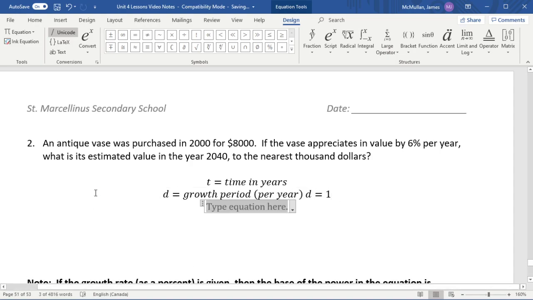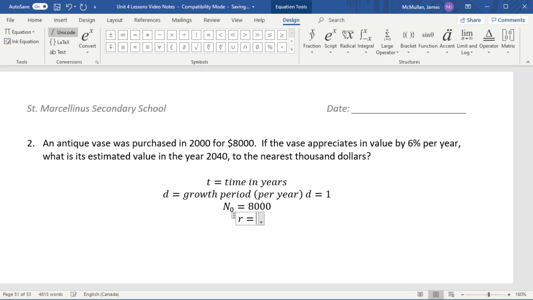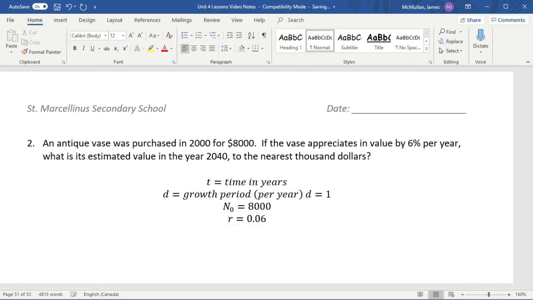We don't really need to worry about d because it's measured in the same unit that t is measured in. And N0 is the initial value of the vase, which was $8,000. And the rate is 0.06 because 6% is 0.06. t is time in years since 2000, right? Because 2000 was when we started measuring it.